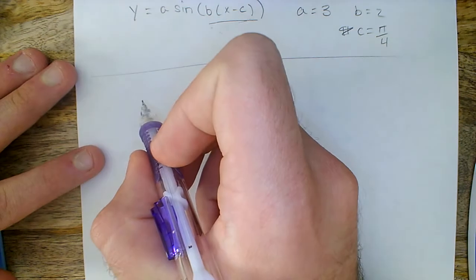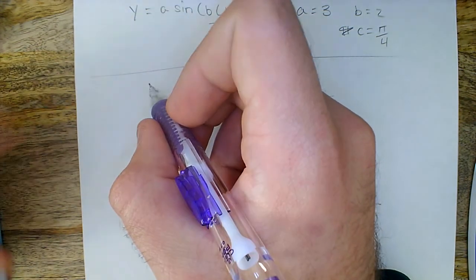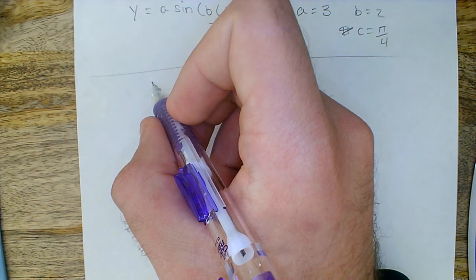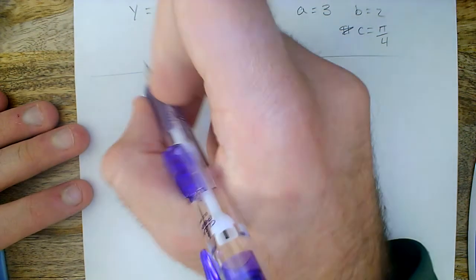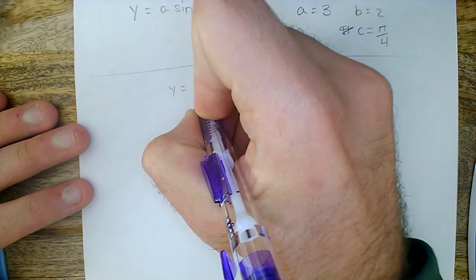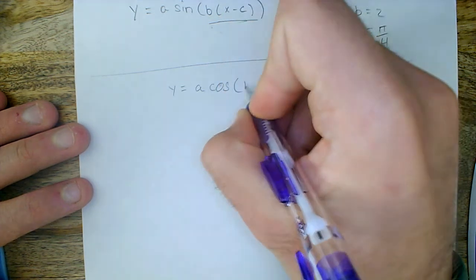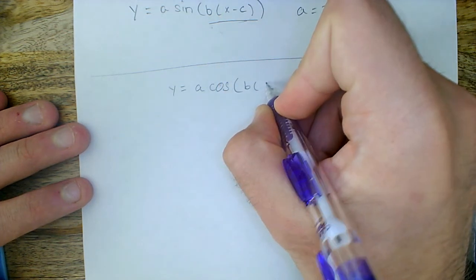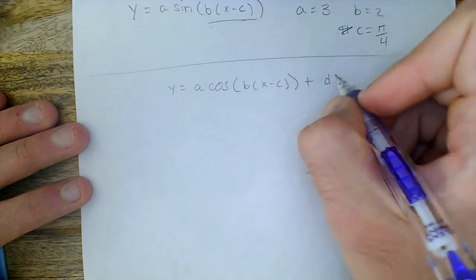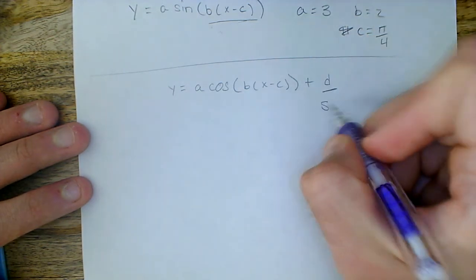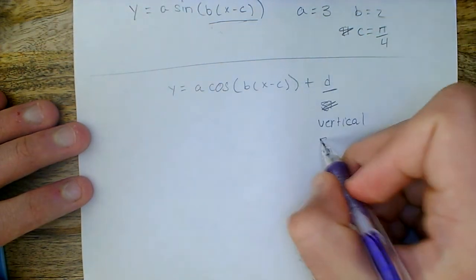Just like when we learned how to graph polynomials, exponentials, and logarithms, if you have y equals a times cosine or sine of b times x minus c, and then you add a value d, this d is a vertical shift.